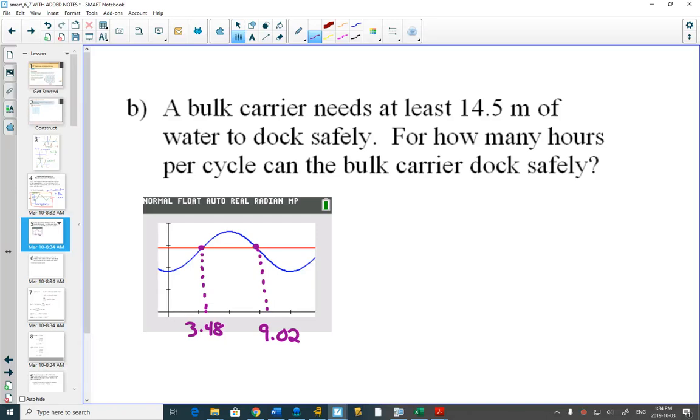The question asks, for how many hours per cycle can it dock safely?